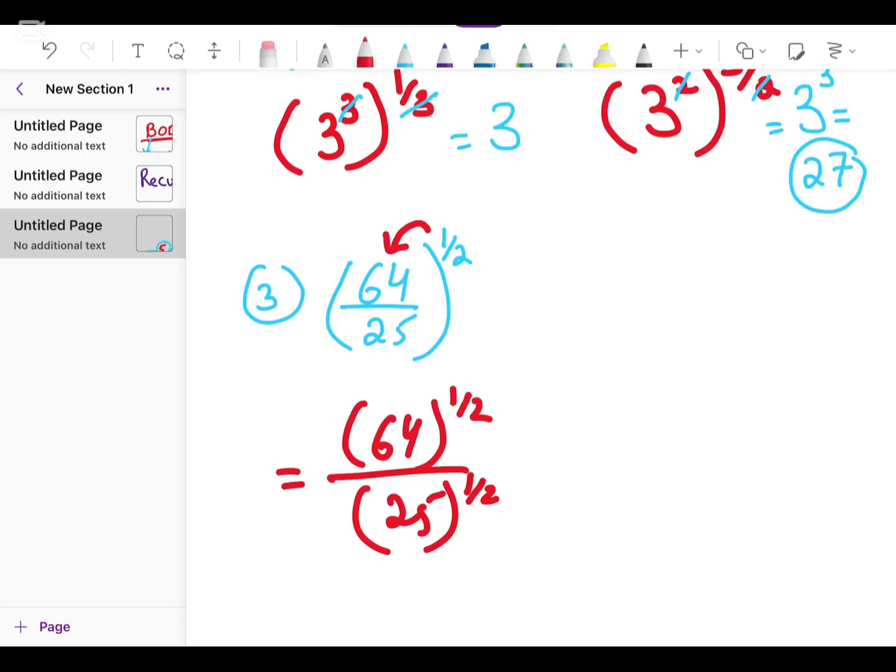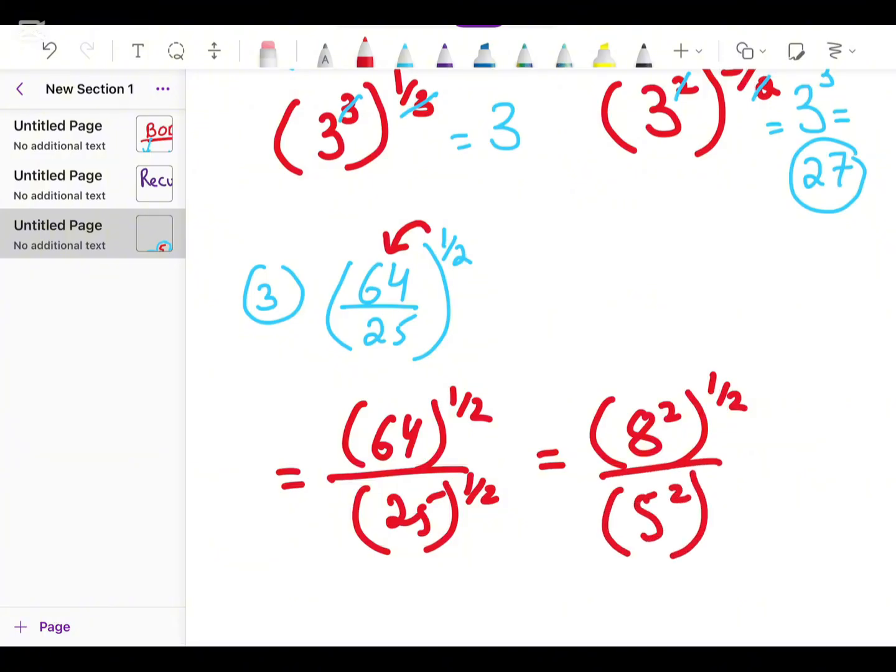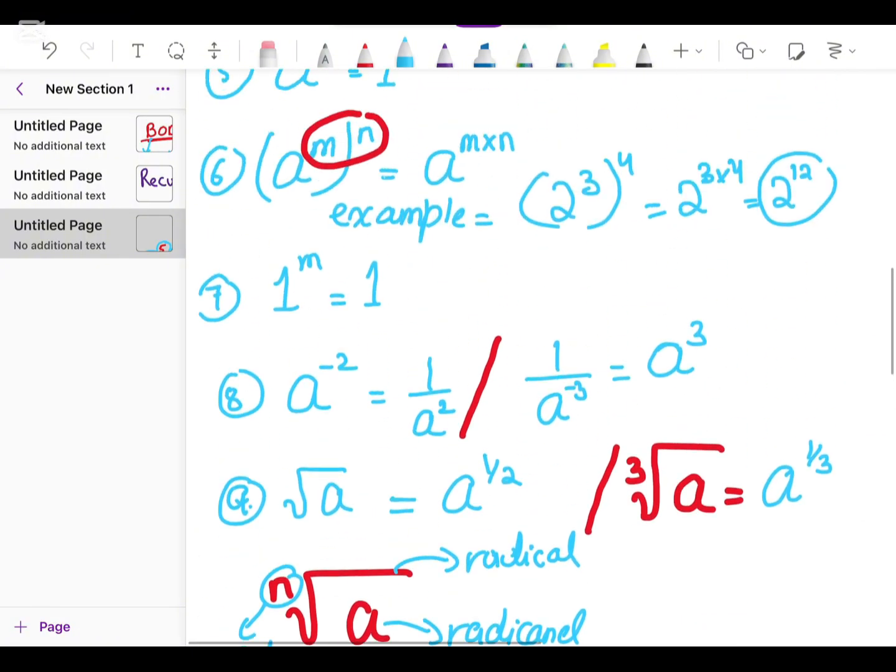Now 64 is basically a square of 8, so I will write 8 square to the power 1 upon 2, and 25 is a square of 5, so I will write 5 square to the power 1 upon 2. Now these two will be cancelled out, so 8 upon 5 will be the final answer. I hope everything is clear in this concept and the rules of indices.